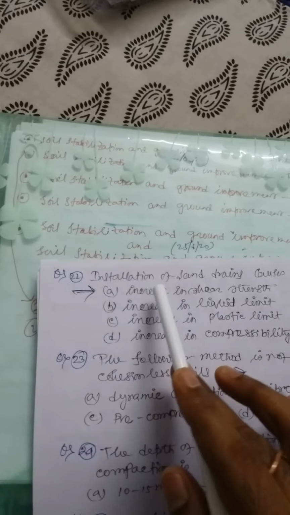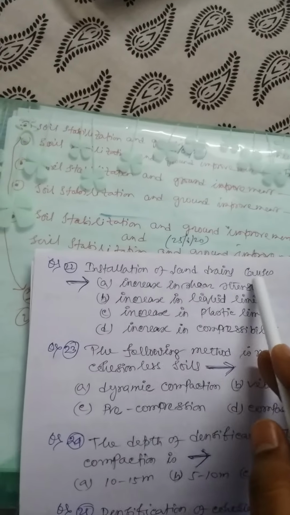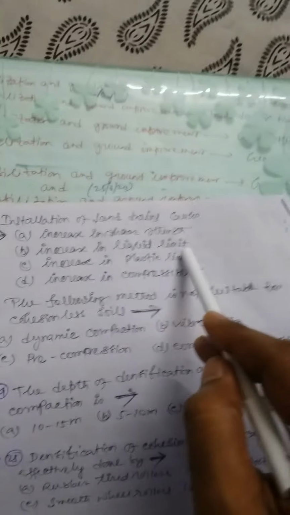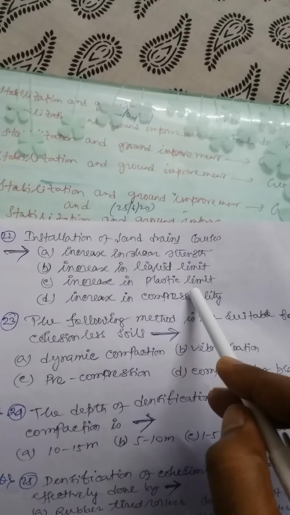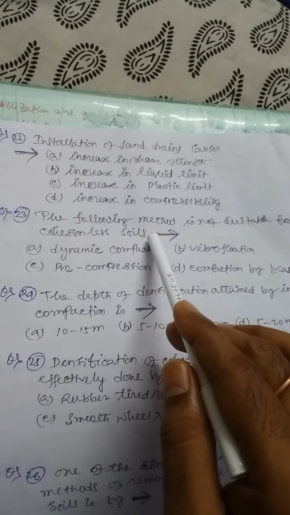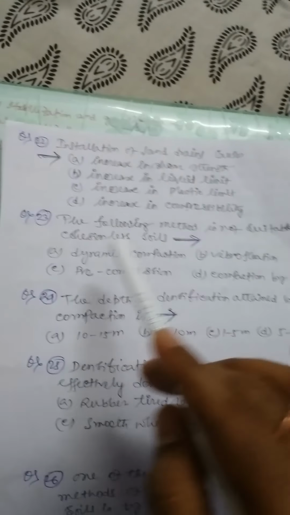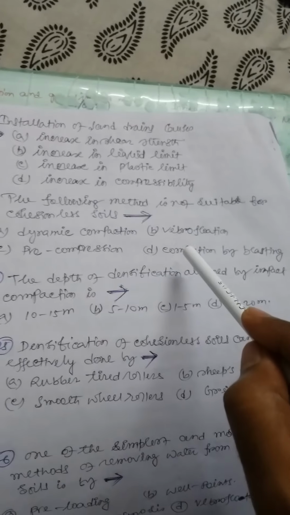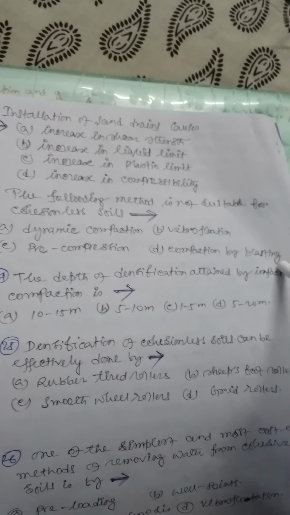Now question number 22. Installation of sand drain causes: 1, increase in shear strain; 2, increase in liquid limit; 3, increase in plastic limit; 4, increase in compressive limit. Now question number 23. The following method is not suitable for cohesionless soil: A, dynamic compaction; B, vibroflotation; C, precompression; D, compaction by ballasting.